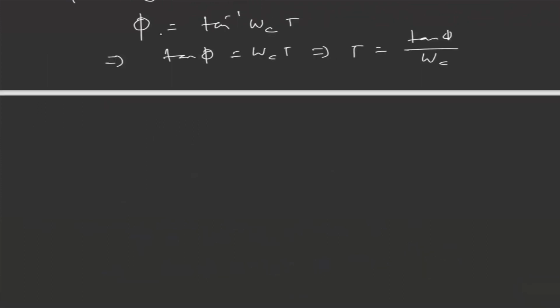Now we'll find the time constant of the PD controller.